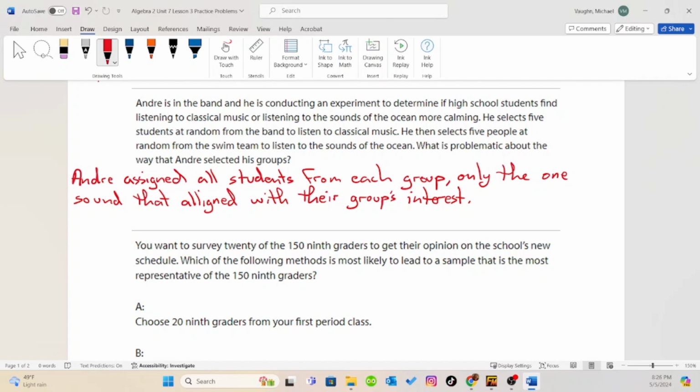What he would have needed to do is select random students from the school as a whole and then have them listen to both sounds and give their opinions.